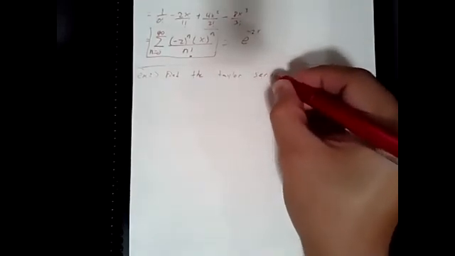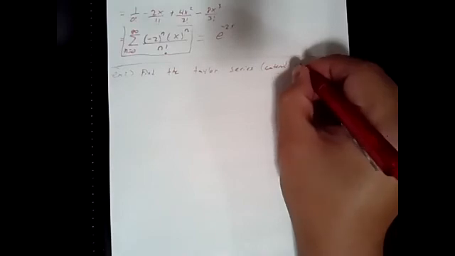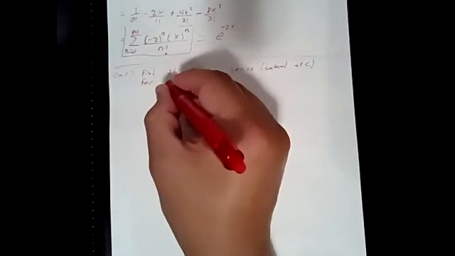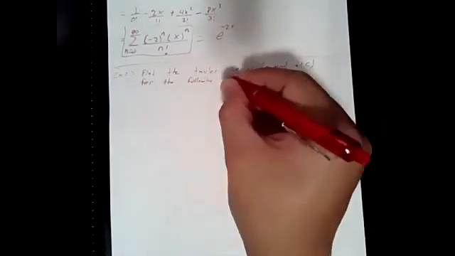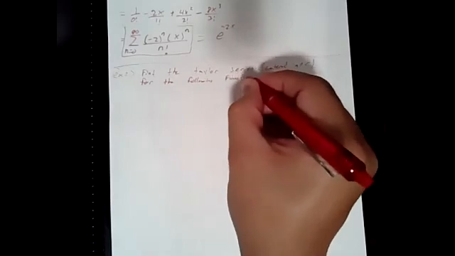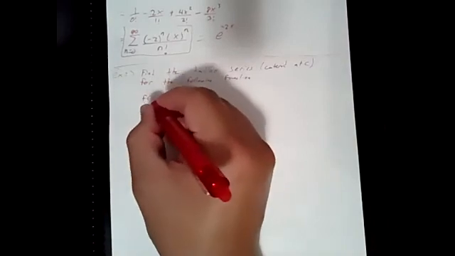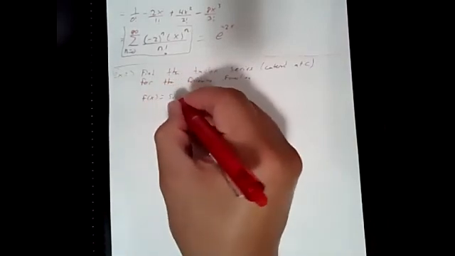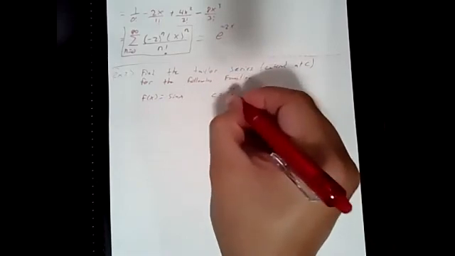Find the Taylor series centered at c for the following function. f of x is equal to sine x, and c is equal to pi over 2.